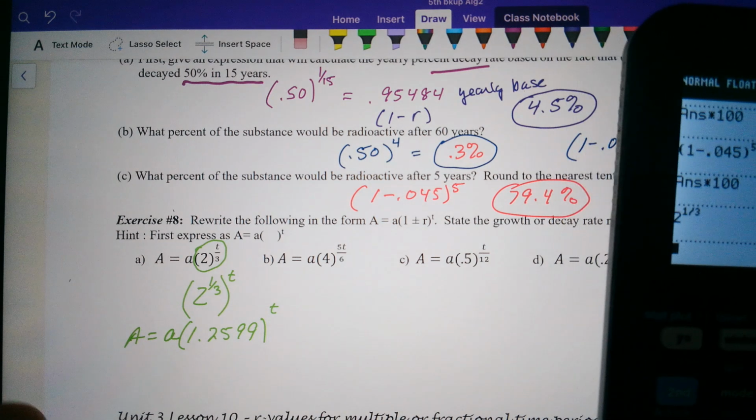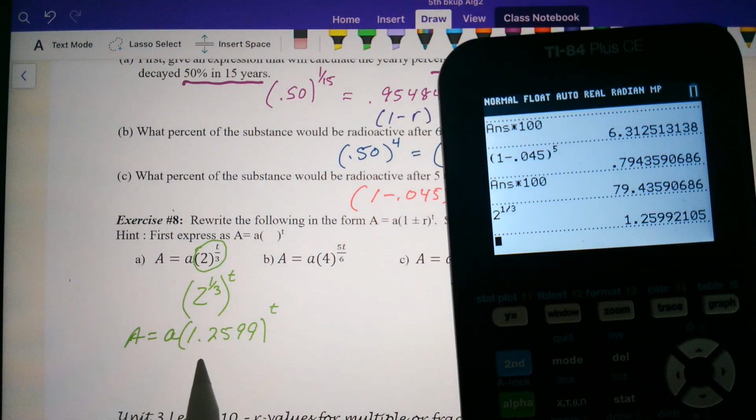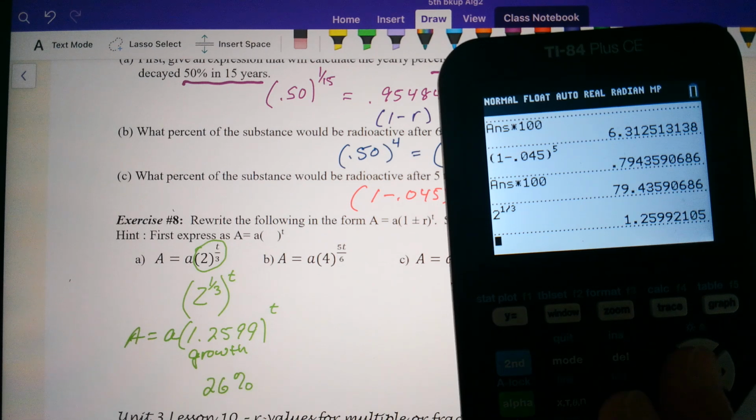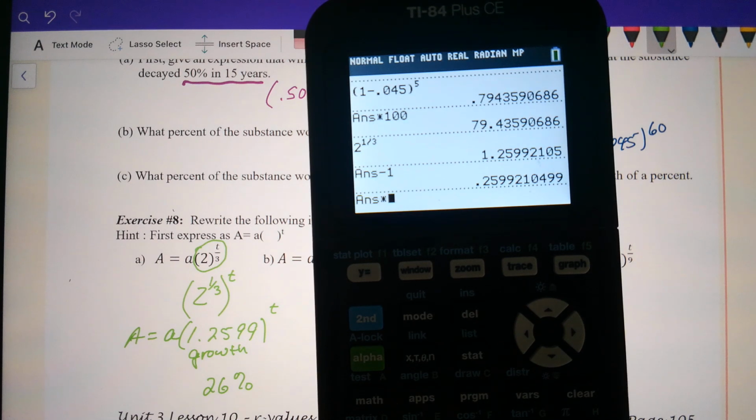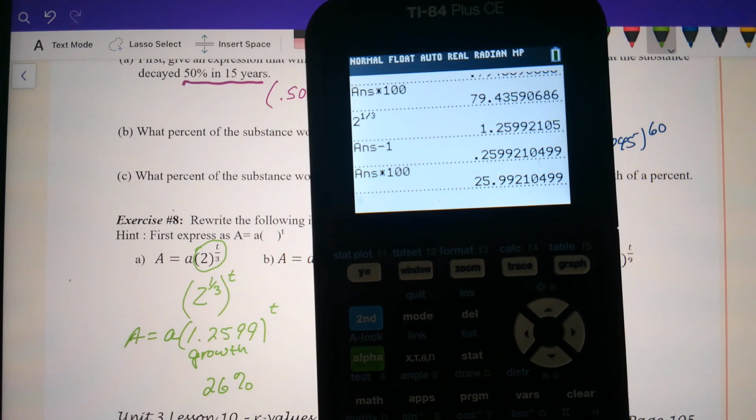And the growth or decay rate, well, this is definitely a base that's greater than 1, so this is growth. The growth rate would be subtract 1, times by 100, approximately 26%.